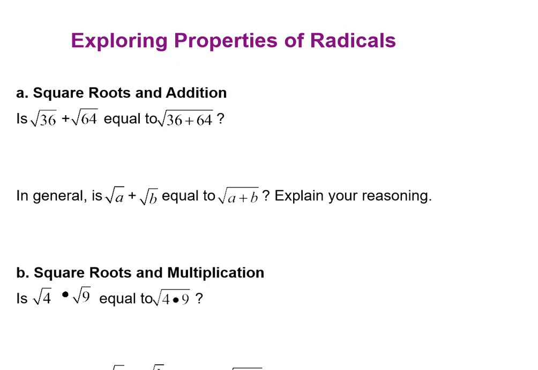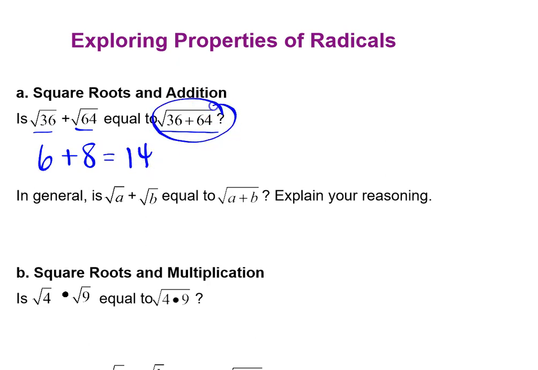Before we get into that, I want to talk about a few things. Is the square root of 36 plus the square root of 64 equal to the square root of 36 plus 64? Let's explore. The square root of 36 is 6, and the square root of 64 is 8. So 6 plus 8 is 14.